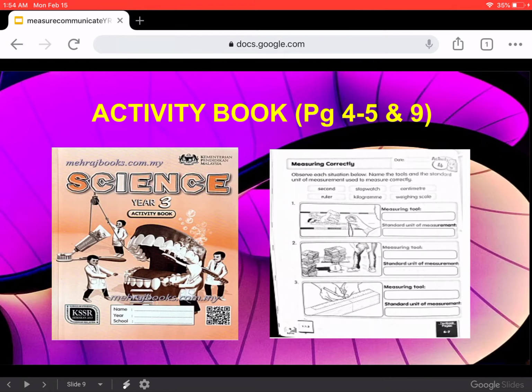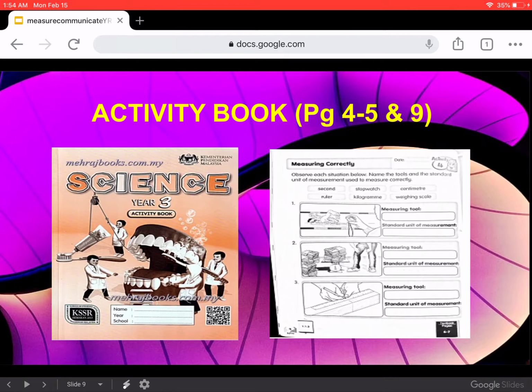I hope all of you know what you have to do in the exercise book SN1. You have to give me the definition and also 3 names of the tools and the units to take the measurement, and then 3 forms of communicating.